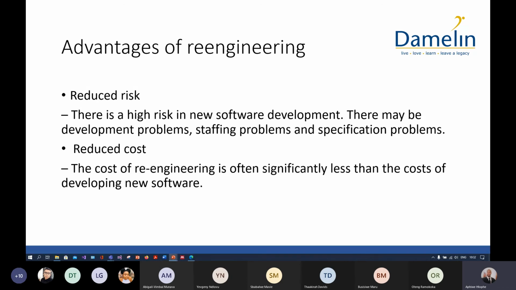So with re-engineering, we're sticking to what we already have. We're just reviewing how we can make it better. So we won't have to deal with some of these problems that are involved in developing software from scratch. And it reduces cost. The cost of re-engineering is often significantly less than the cost of developing a new system, because obviously you're going to be skipping some of the phases in the SDLC if you are re-engineering, so the cost will also be less.